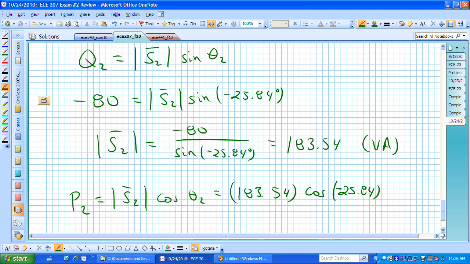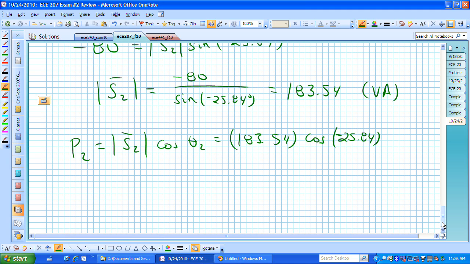That could be a minus if we want, but cosine is an even function, meaning that won't play into the value for P sub 2. We were already told that the cosine of our angle was 0.9, so we can just take 90% of that and obtain for P sub 2, 165.19 watts.